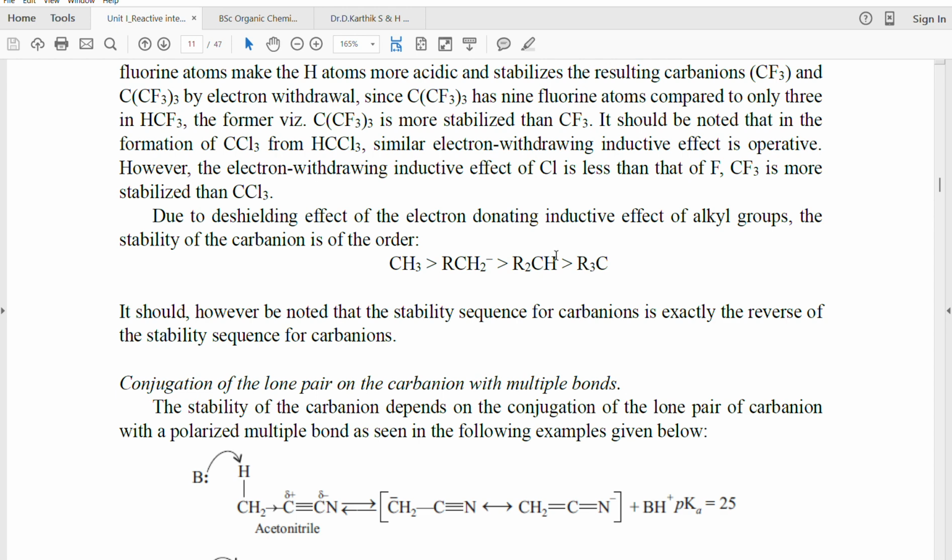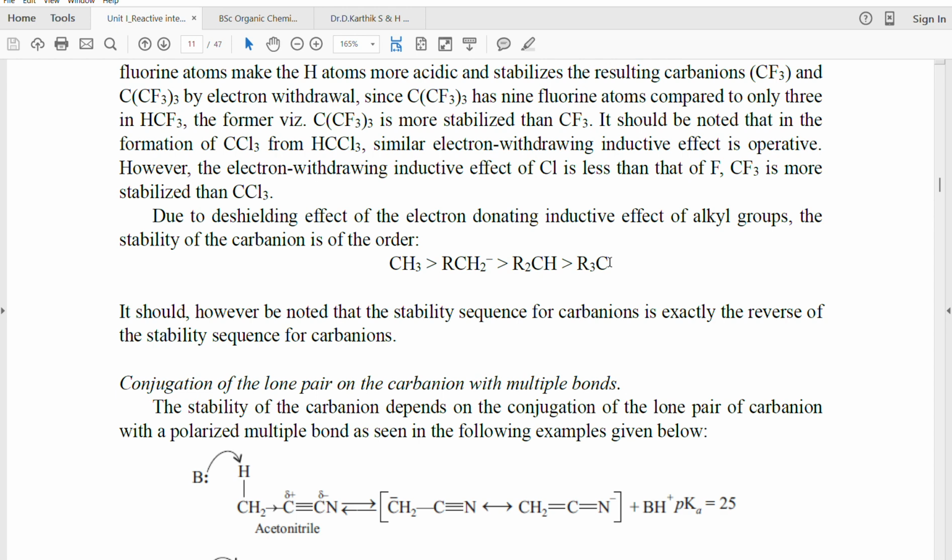Sorry, there is a minus charge in all of these. I didn't put it, so when I share I will edit this and put the minus charge here. Okay, so here the tertiary carbanion is the least stable carbanion, which is directly the opposite trend of the carbocation.